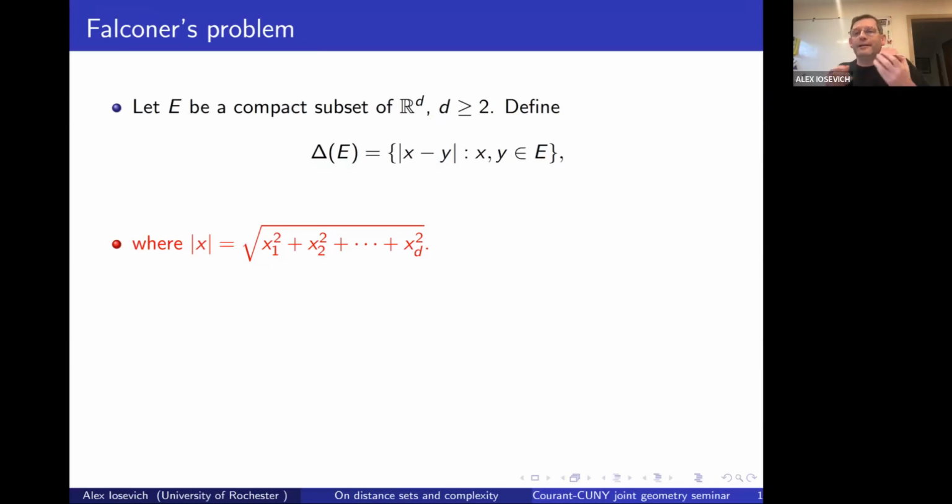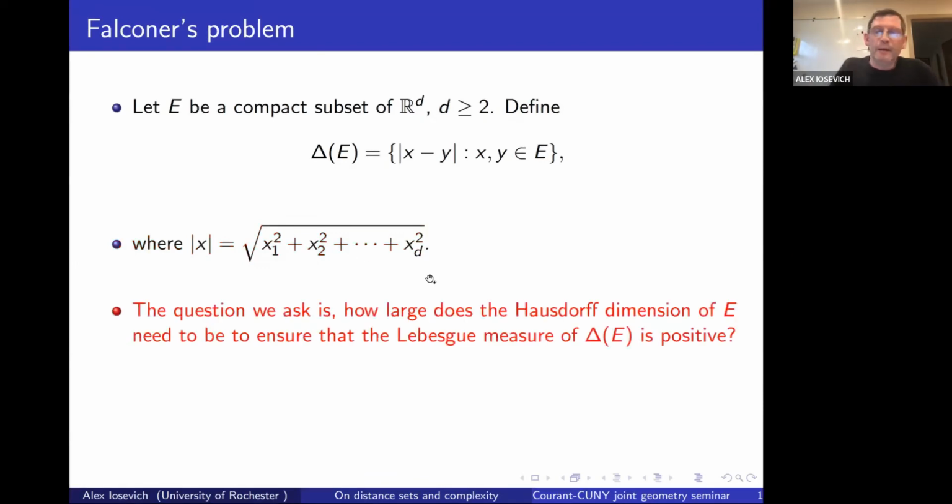Okay, so this is again an illustration of a situation in this problem where if you dig in any direction, you very quickly run into extremely difficult questions that are extremely trivial to state. Okay. All right, so the question in the continuous setting is how large does the Hausdorff dimension need to be to ensure that the Lebesgue measure of the distance set is positive?